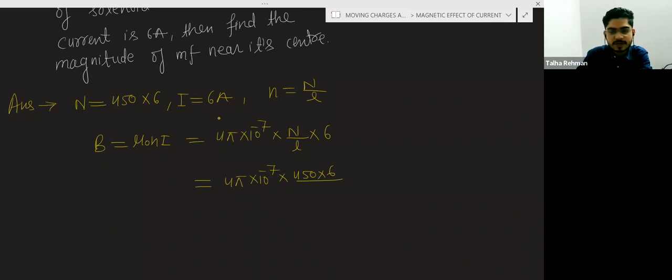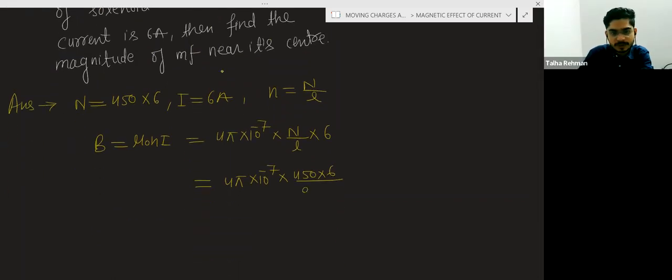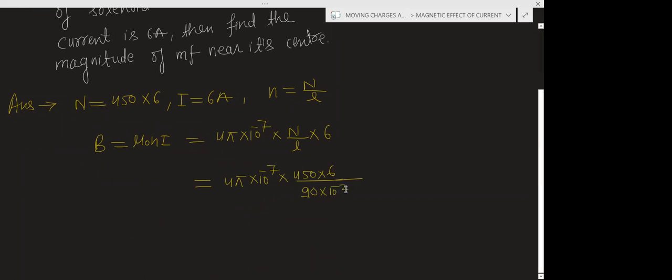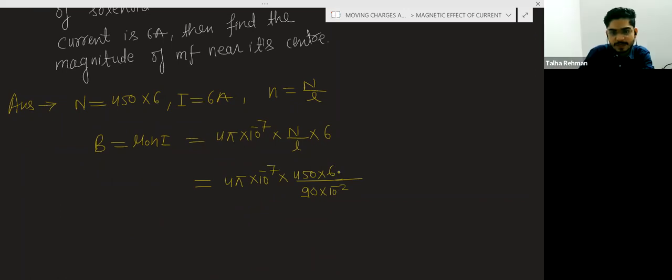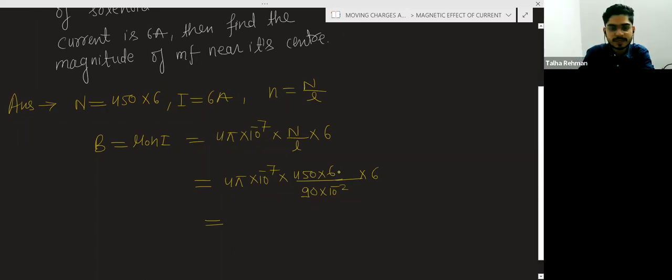So you can write here, actually, this will be 90 centimeters. So you will convert this 90 into meter: 90 into 10 to the power minus 2. And finally, you will multiply this with the 6. When you calculate, you will get the answer 72 into 10 to the power minus 4 Tesla.